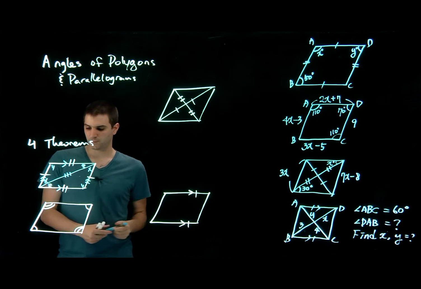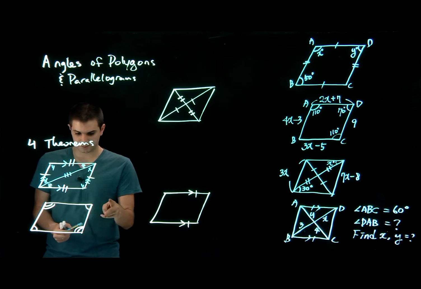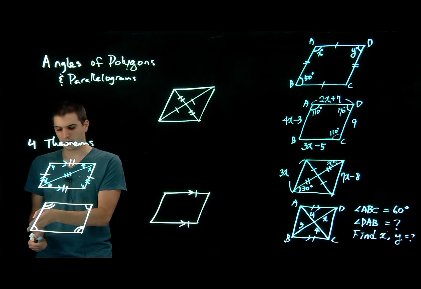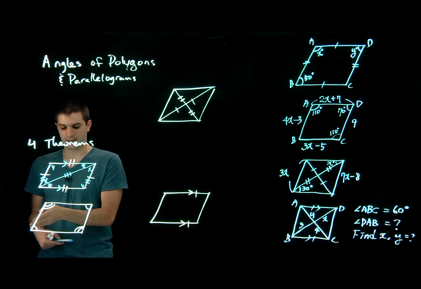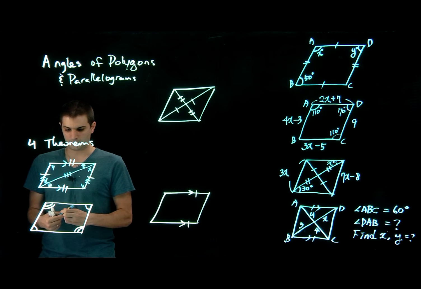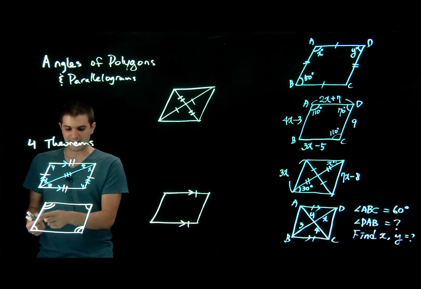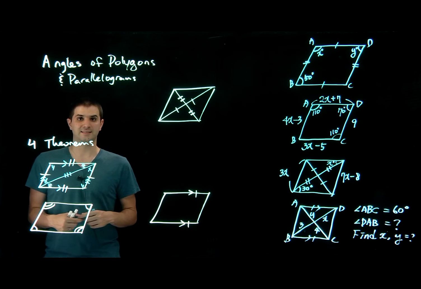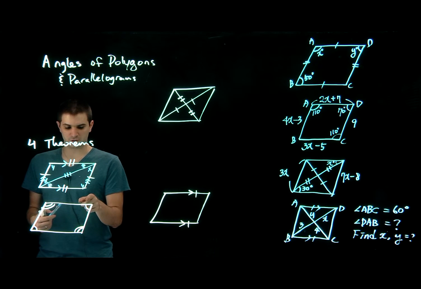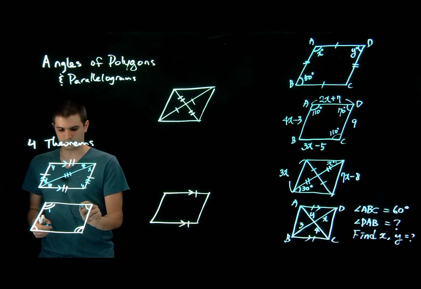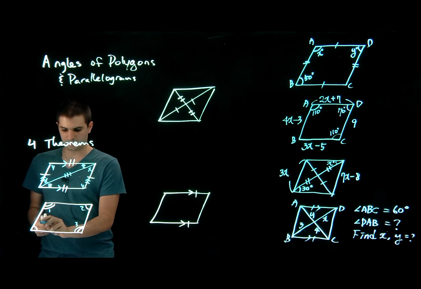Now, why is that true? Well, again, we have two lines, and they're cut by another line, and we know that all four of these angles must add up to 360. Let's call these angles 1, 2, 3, and 4.